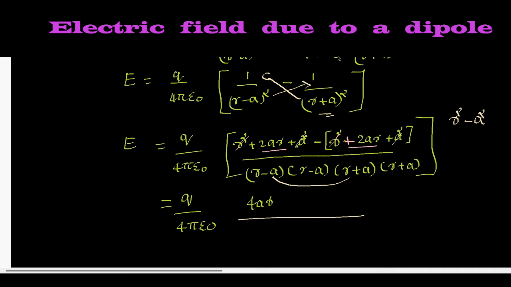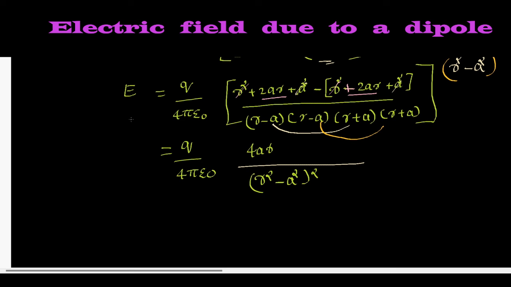So you have two pairs of r square minus a square here. So you can write the denominator as r square minus a square, the whole square. Okay, so let us write it. 4ar divided by r square minus a square, the whole square. So this is the final equation for electric field due to dipole at a point on the axial line.